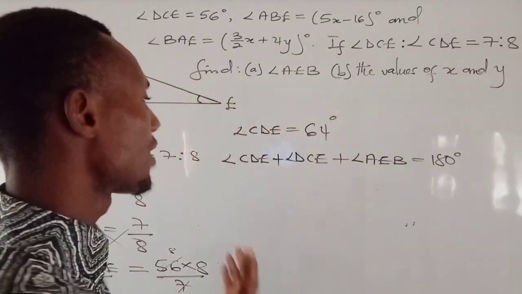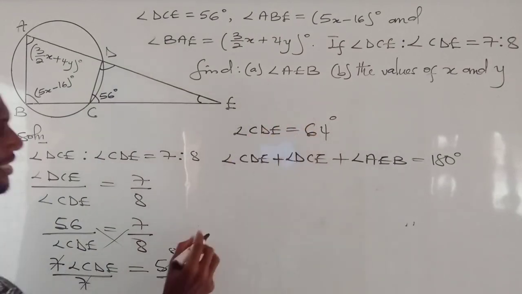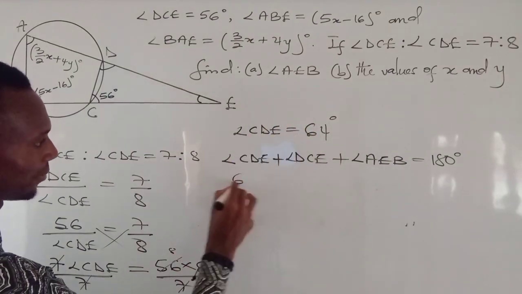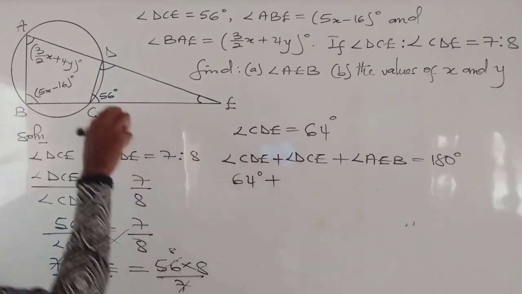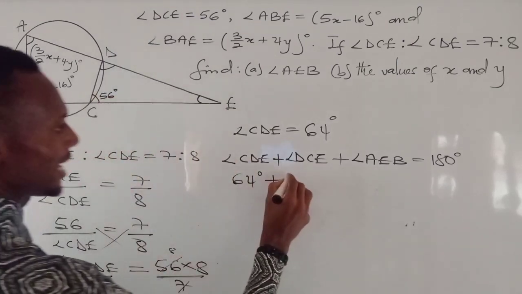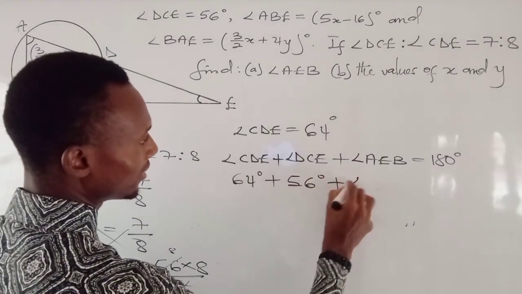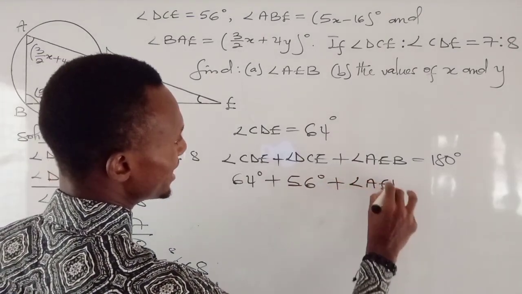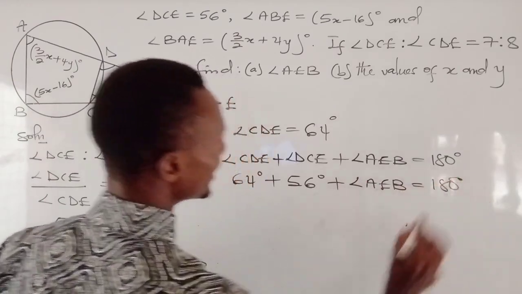Okay, now we are going to input our values. We know that angle CDE is 64 degrees, so I'm going to write my 64 degrees plus my angle DCE, which is 56 degrees, plus the angle AEB that I'm looking for, which I don't know, equals 180 degrees.